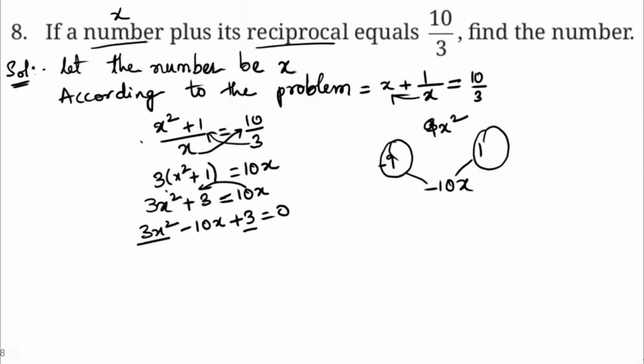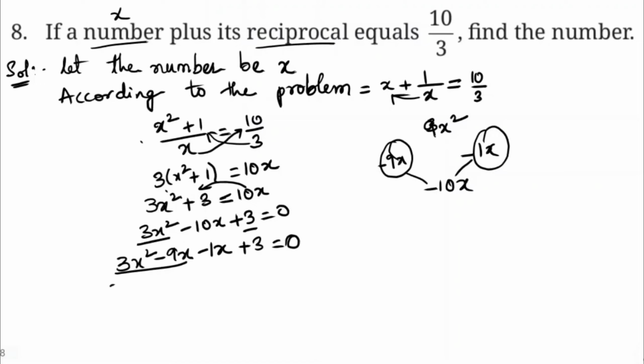So if we put minus on both of these numbers, we will get minus 10x. Now substitute in place of minus 10x, minus 9x and minus 1x. So we will get 3x square minus 9x minus 1x plus 3, which is equal to 0.